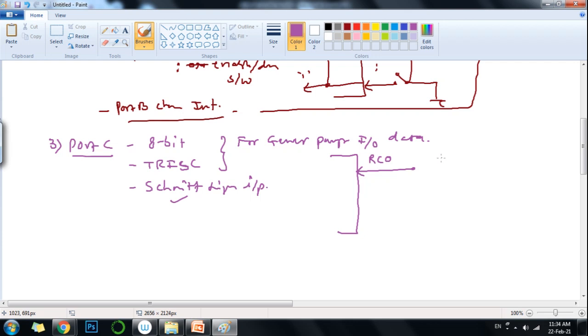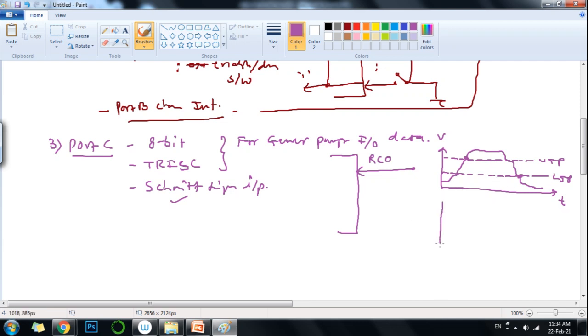As you know, in Schmitt trigger operation there is hysteresis. When you change the voltage applied to the pin from low level to high level and then back to low, unless and until it goes above UTP, the output will not be considered as logic 1. It will be considered logic 1 when it goes above UTP, and logic 0 when the voltage goes below LTP. That is the property of a Schmitt trigger.